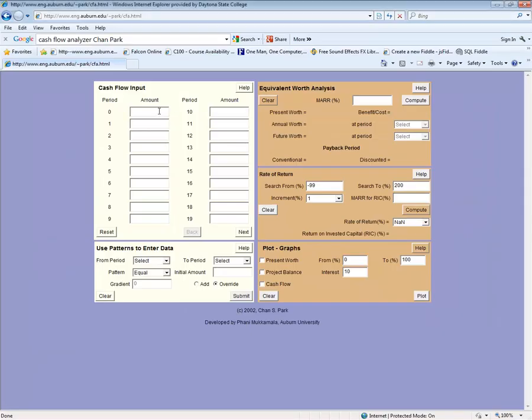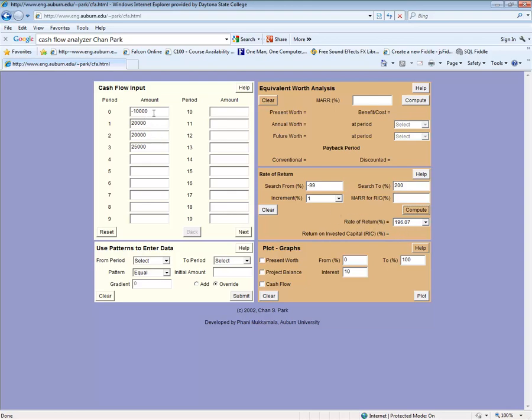Let's fill in the amounts for the fourth project, and we have here $10,000 of cost, initial cost, and then we have a gain of 20,000, another 20,000, then we have 25,000, and we can just compute the rate of return, and it will give me a rate of return that's 196.07%, and this is the rate of return.